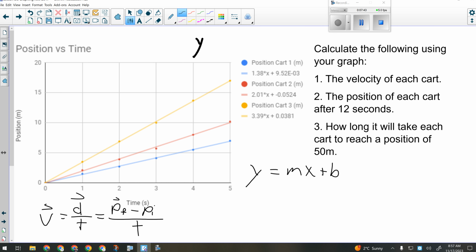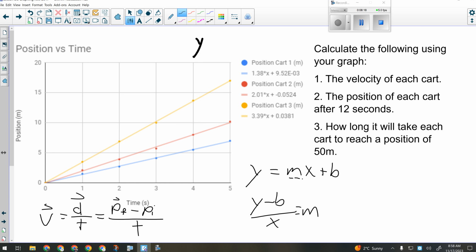Now, on this graph only, m represents the velocity of the cart. And here's why. If I manipulate this formula for m, I subtract b from both sides, and then I divide by x. That equals m. Does that formula look like this formula? Is it the same pattern? Yeah.